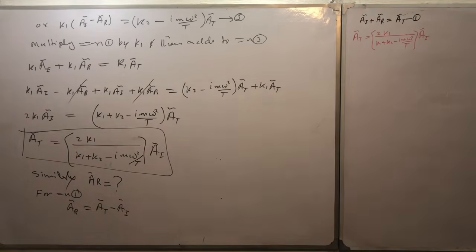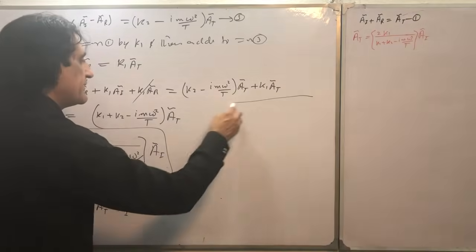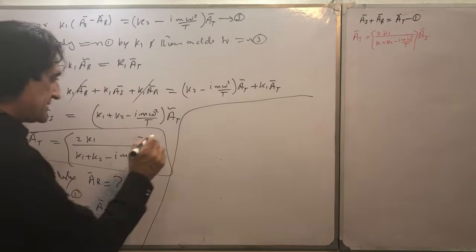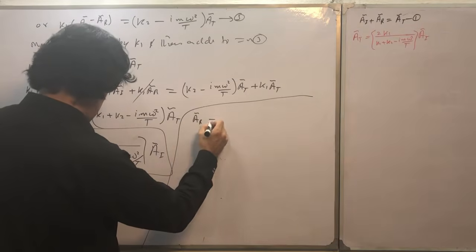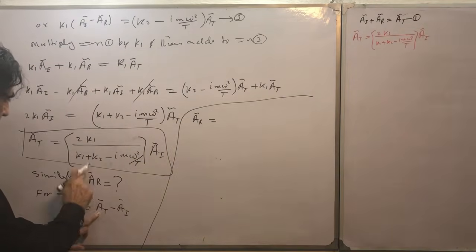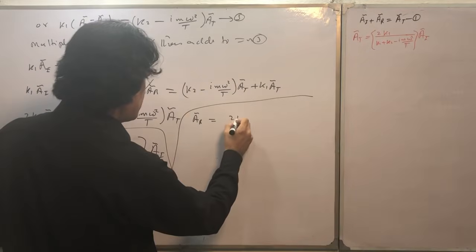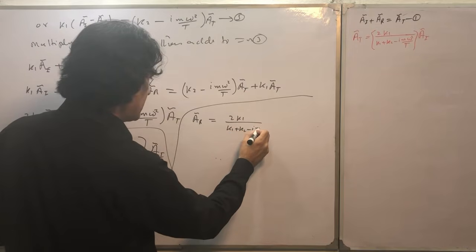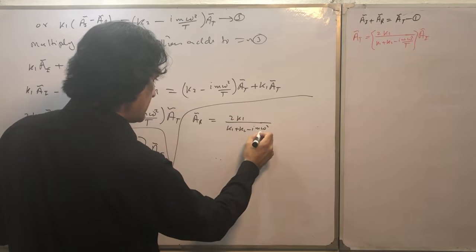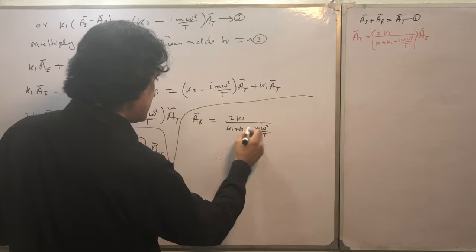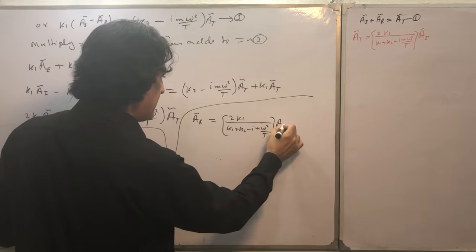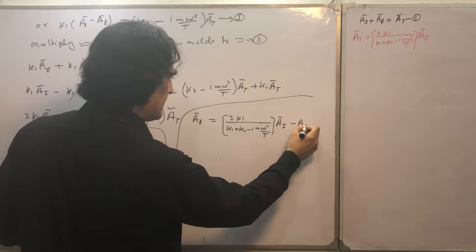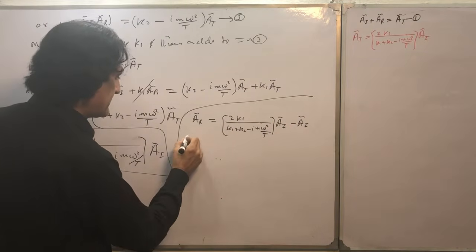Now putting the value of AT from this equation, this is not very complicated. AR is equal to 2K1 divided by K1 plus K2 minus iota m omega square divided by T, times AI, minus AI.